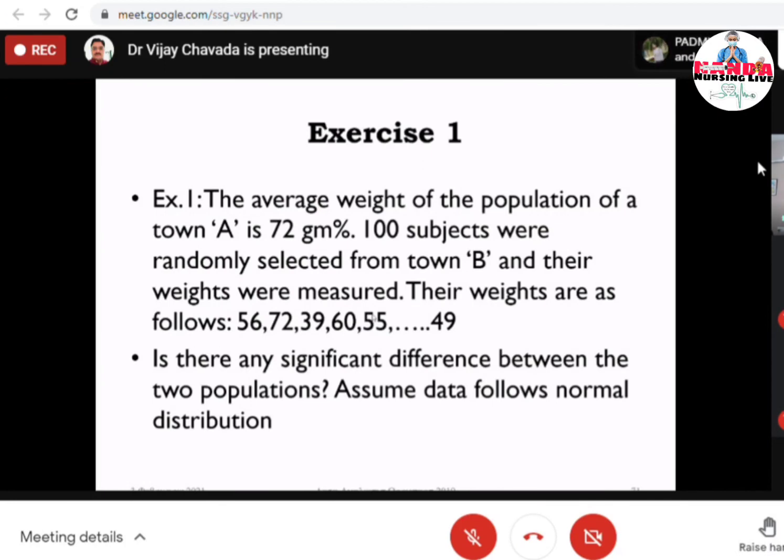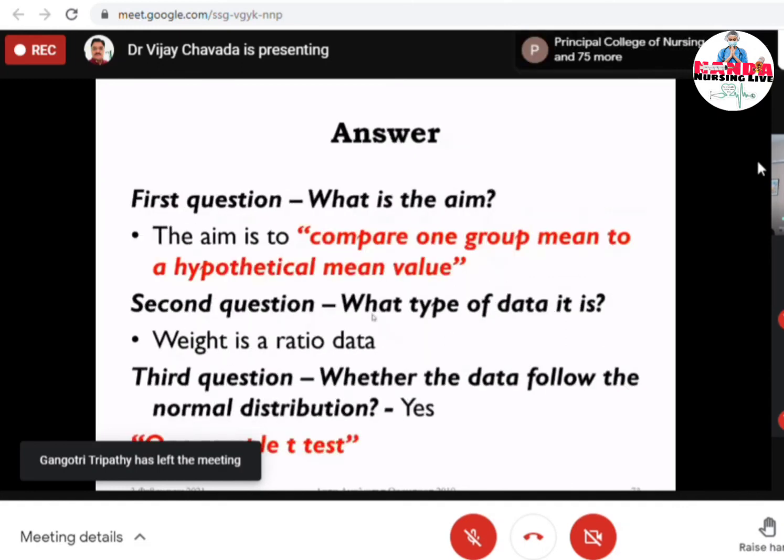After testing that the data follows a normal distribution, only then can you go for hypothesis testing and apply different statistical tests. It is applied only and only if the data follows normal distribution, right? Now it's very simple, but we should not get confused by what they are asking.